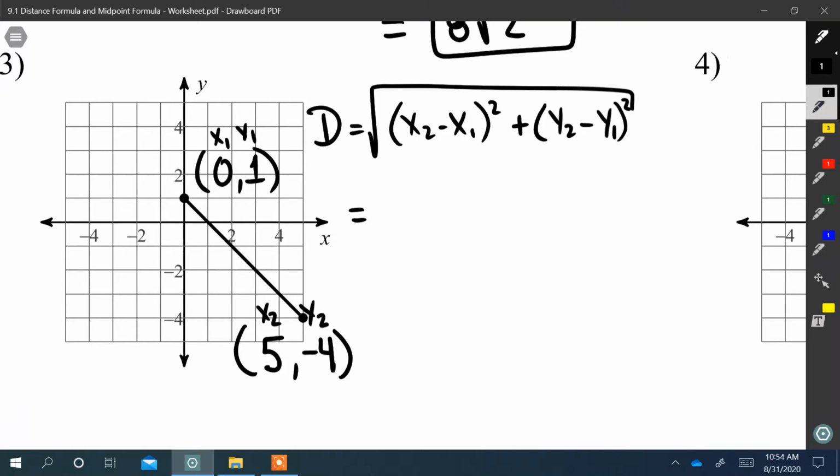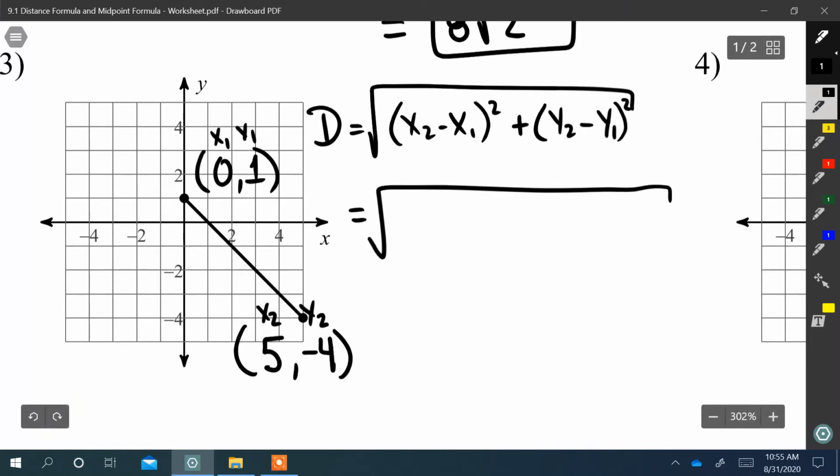You could pick it the other way around, it doesn't matter, you will still get the same answer. So we have x2 is 5 minus x1, which is 0. We have y2 is negative 4 minus 1.